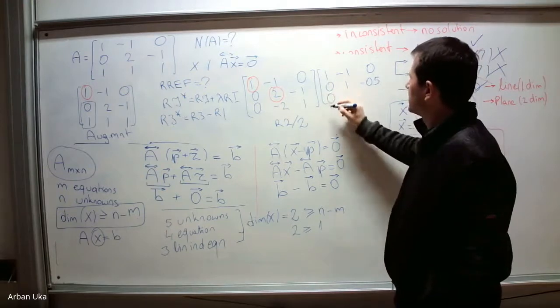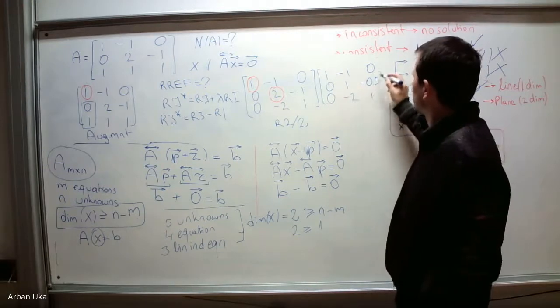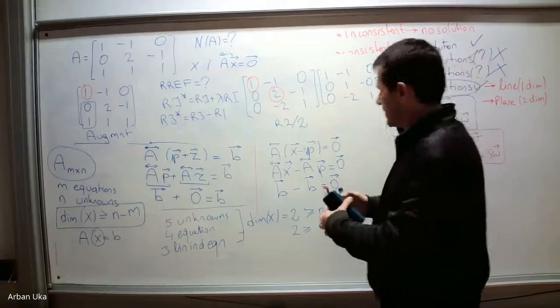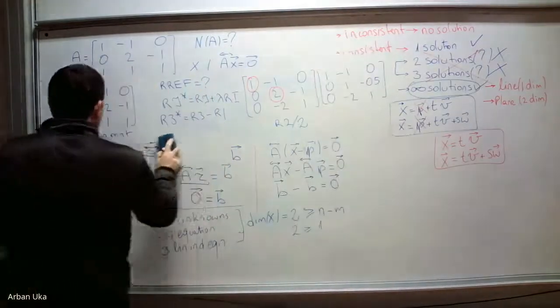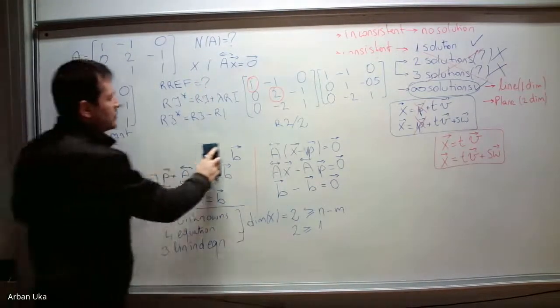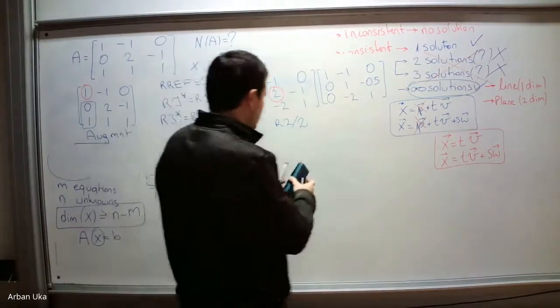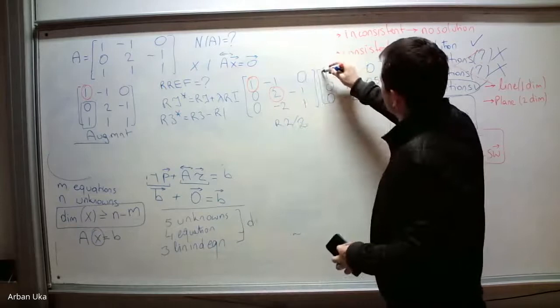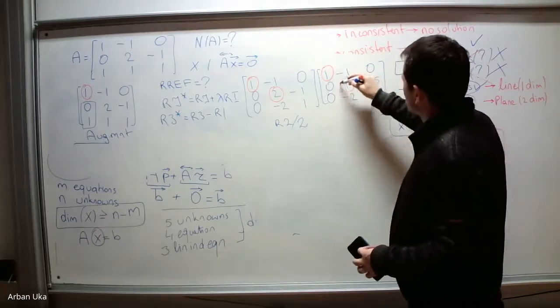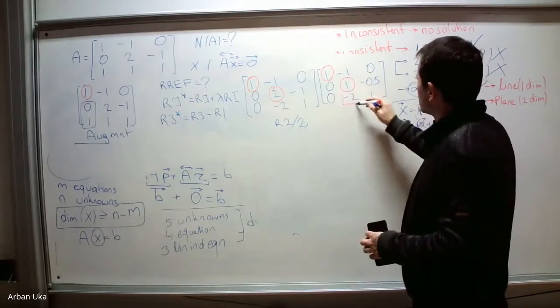And this is 0 minus 2, 1. The next step is, actually let's do it here. So we have 1 here, we are happy. This is also 1. How can we make this 0?